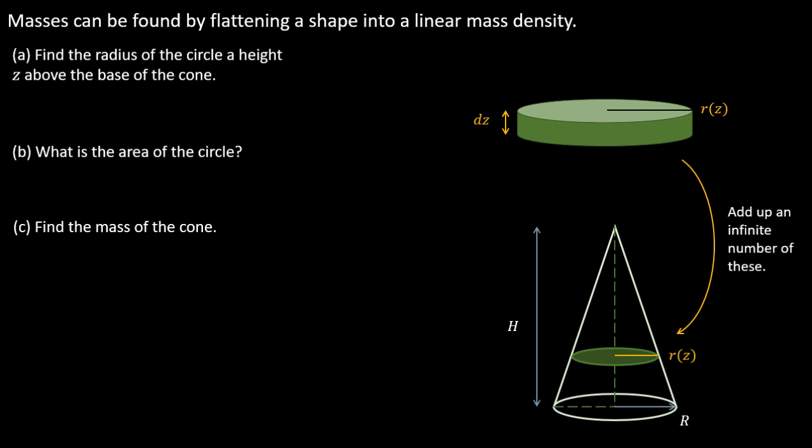Because we already know what it is at the top, we know what it is at the bottom, so we just have to write that lambda z that we showed earlier, that straight line function that goes from the area at the bottom, which is pi big R squared, to the area at the top, which is 0, as you increase the height.